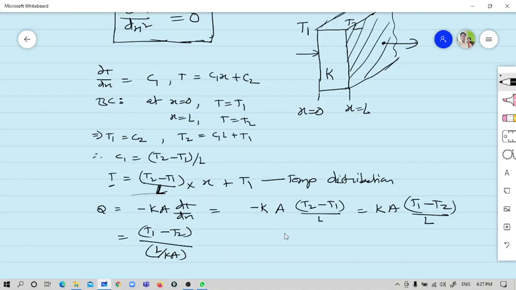Okay, so in this equation, this Q is analogous to the current I, T1 minus T2, which is called the thermal potential, will be analogous to the electrical potential volts. And obviously this term L upon Ka, which is called thermal resistance, is analogous to the resistance R. Okay, and this is called the thermal resistance.